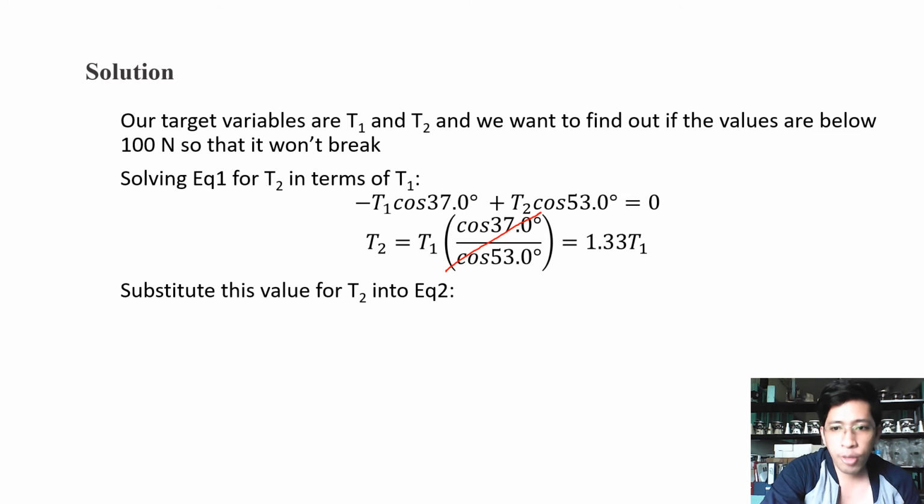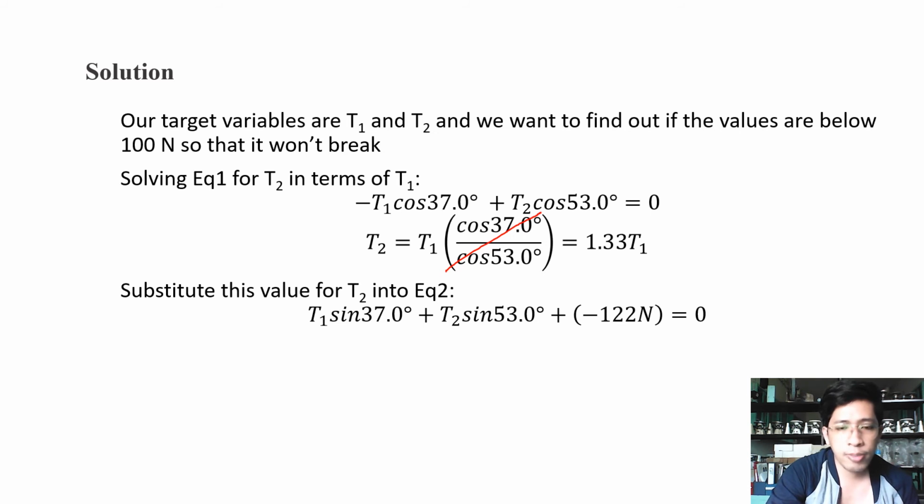Using this equation here, your T2 is equal to 1.33 T1. We use this value for T2 and substitute this one to your equation 2. If you can remember, this is your equation 2. You have T1 sine 37 degrees plus T2 sine 53 degrees plus negative 122 newtons, that is equal to 0.